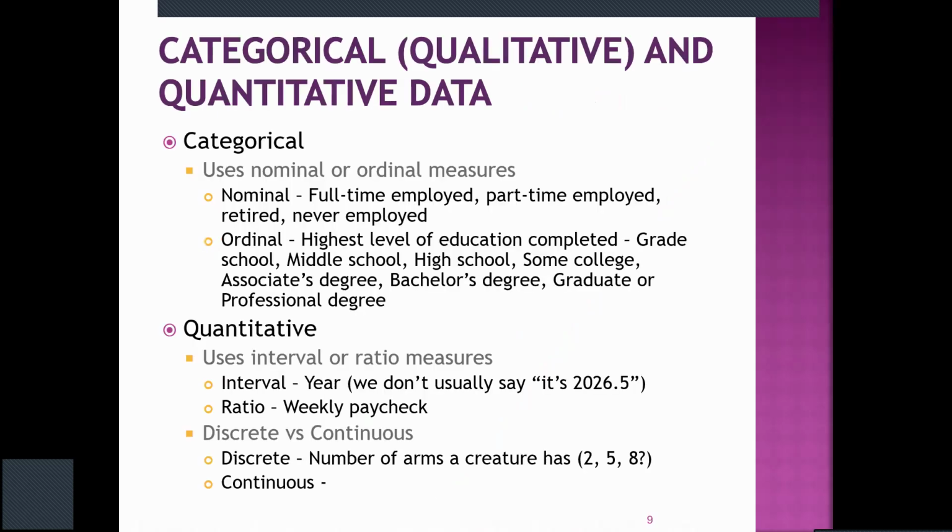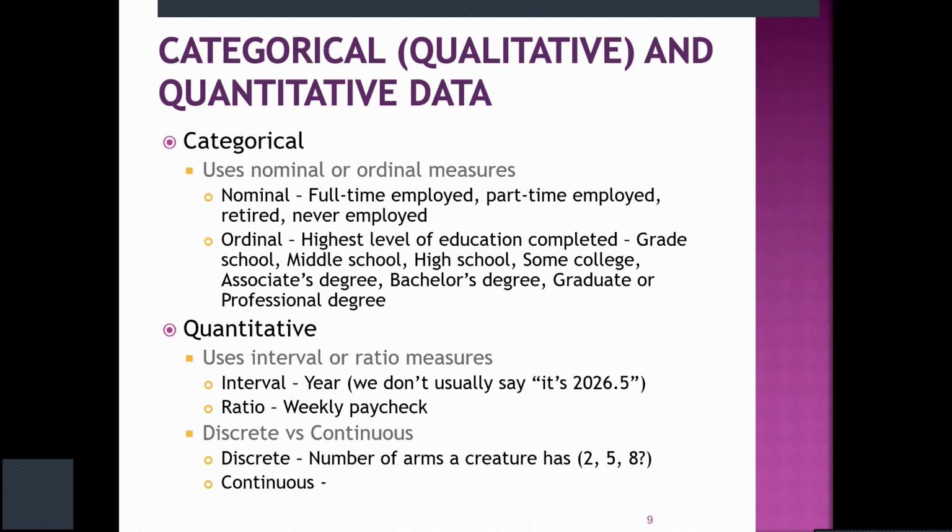We also talk about categorical, or some people call it qualitative, versus quantitative, which some people call numeric. So categorical versus numeric, qualitative versus quantitative. Categorical tends to use nominal or ordinal measures. So nominal, like the employment scale that we had, ordinal, like highest level of education completed.